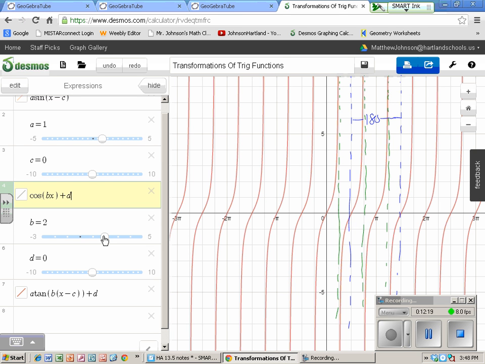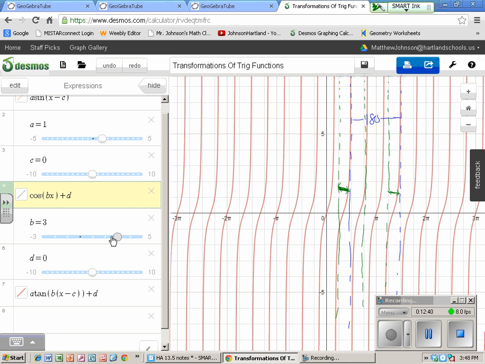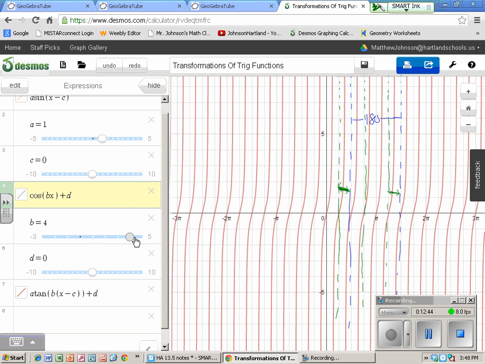But you can see how this distance is the same as this distance. So if you shift the green over a little bit so that the outer green ones match up with the blue ones, you've got 2 periods in that same distance where there was only 1 period. And we can keep on going. With 3, the graph repeats itself 3 times in that same 180 degree distance. We can do a whole bunch.